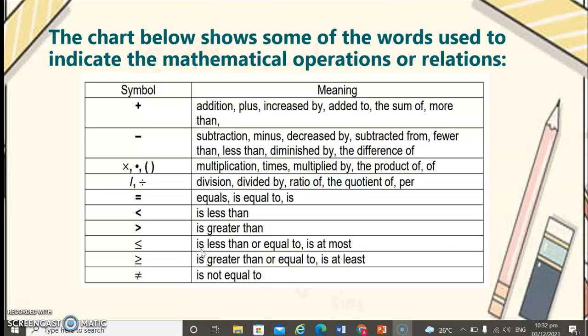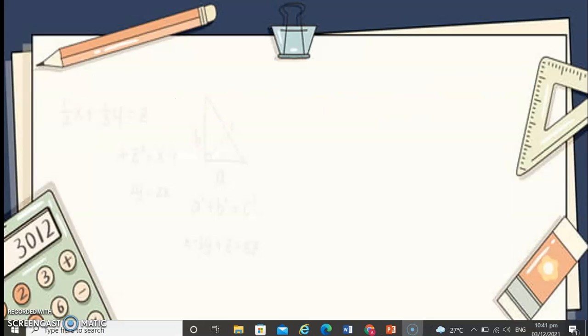This is less than or equal to, or is at most. Next, with a line below the greater than, this is greater than or equal to, or is at least. And the last one we have is the equal sign with a slash. This means is not equal to.